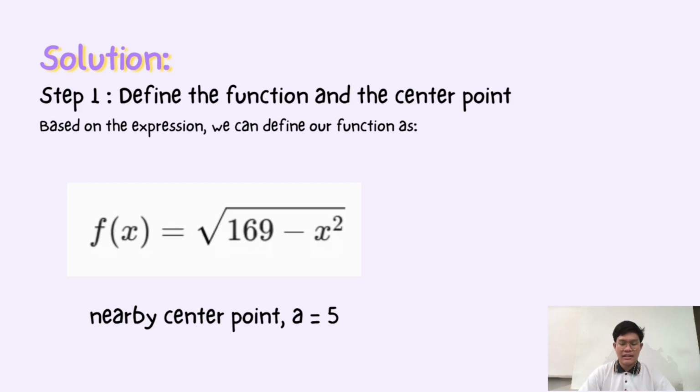Since the x for our expression is 4.9, we need to pick the center point. For the center point, we need to pick the closest one to x, so that we can calculate it easier even without using a calculator. So for this one, I pick x equal to 5 as the center point.